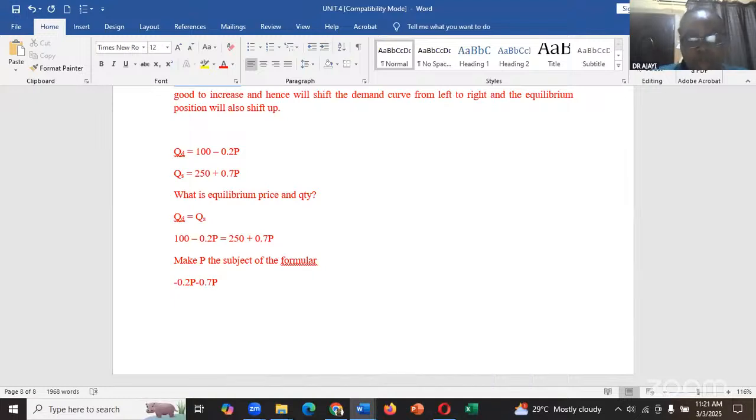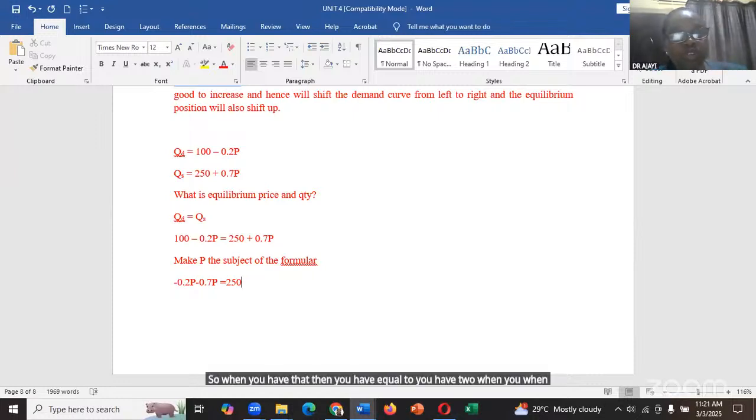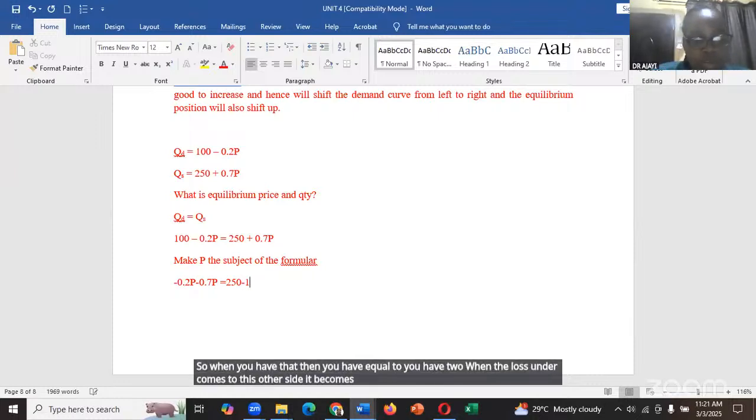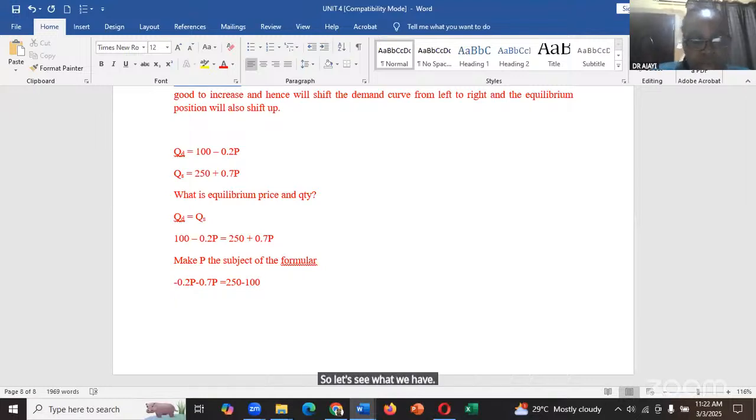Then you have equal to 250. When the plus 100 comes to the other side, it becomes minus 100. So let's see what we have. We have minus 0.9P is equal to 150.